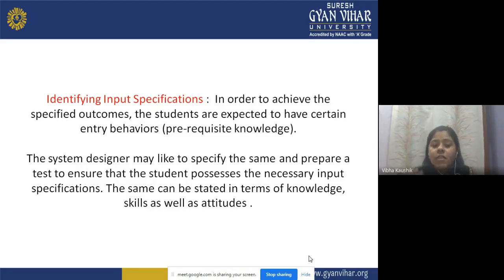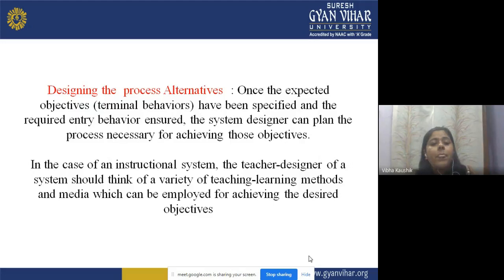Now, I have to clearly state that these are the prerequisite knowledge and skills, and prepare a test to ensure that the student possesses the necessary input specification. The same can be stated in terms of knowledge, skills, as well as attitude. What is the knowledge, what are the skills, and what are the attitudes of the learner?